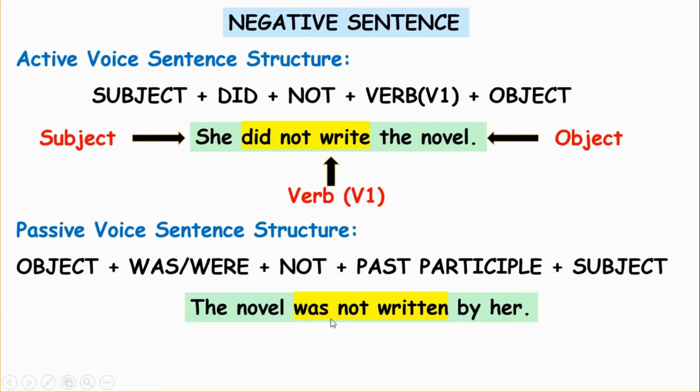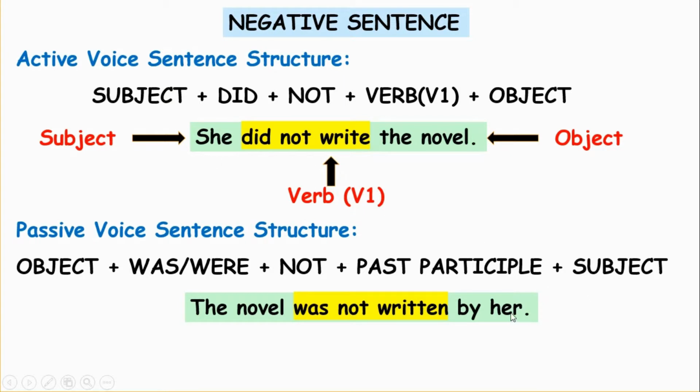The novel was not written by her. The novel, object of active voice, has become its subject here. Was not written, instead of did not write, was not written. Okay, because we have exchanged the roles over here. Subject and object are exchanged here. The novel was not written by her.